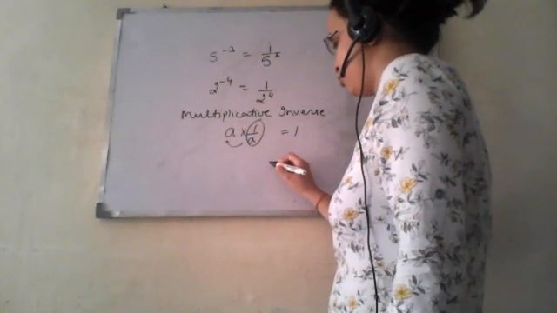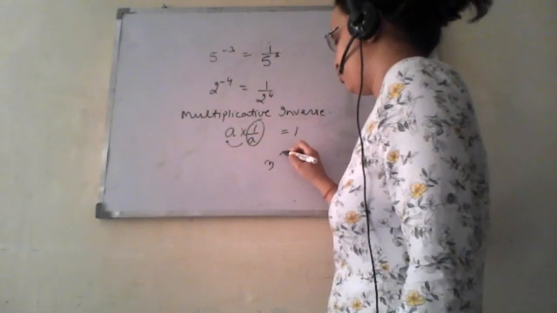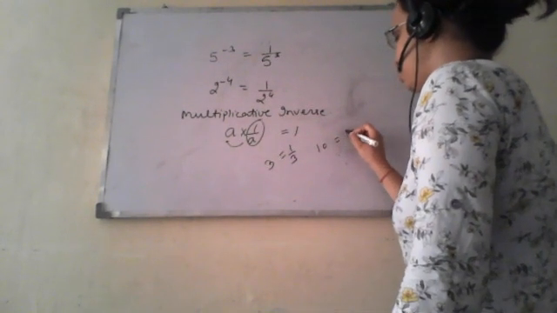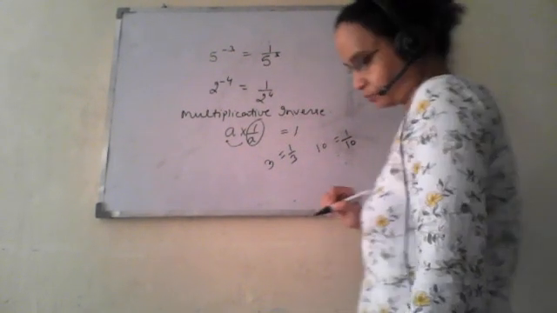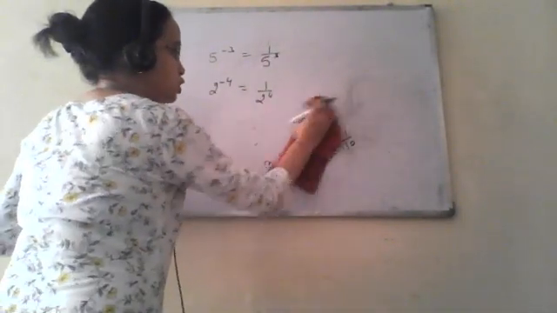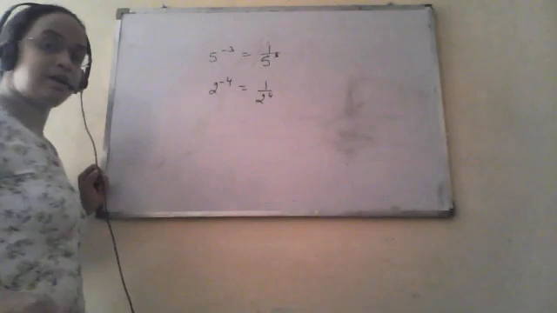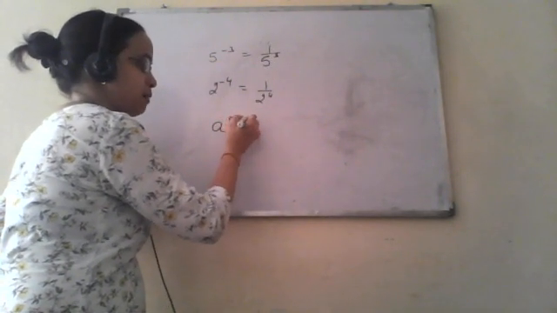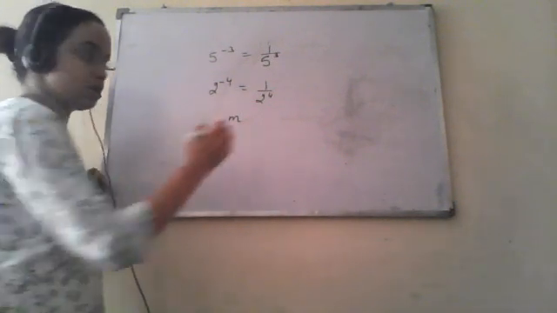Now if I am asking for the multiplicative inverse of 3, it will be 1 upon 3. Multiplicative inverse of 10, it will be 1 upon 10. Now clear what is a multiplicative inverse? So in terms of power, suppose there is a general number a to the power m. What is the multiplicative inverse of this?